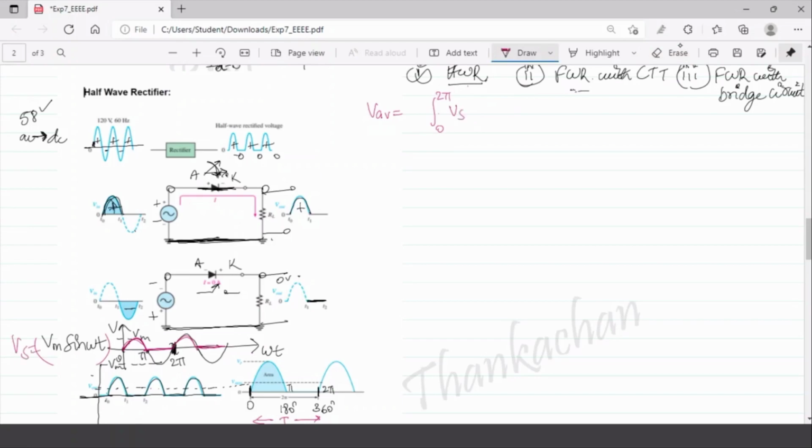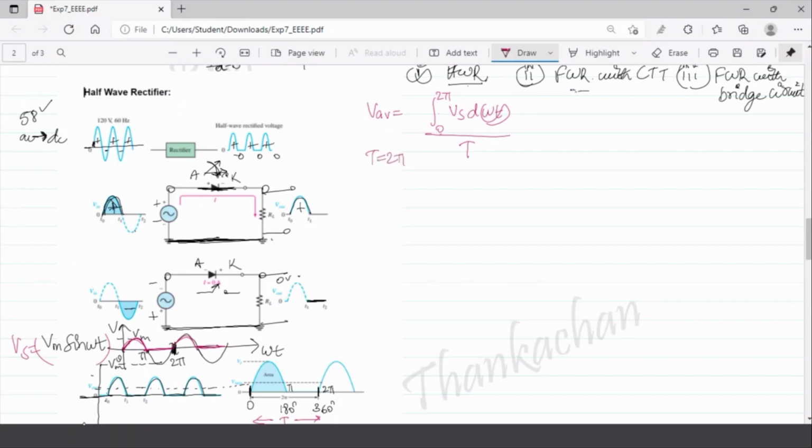So the integration of that d omega t, because your x-axis is not t, it is omega t, divided by the total time period. Let me call it capital T. What is T here? Total time period, we know it is 2 pi radians.